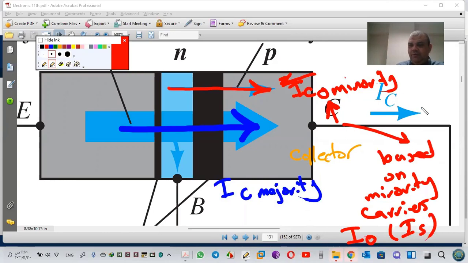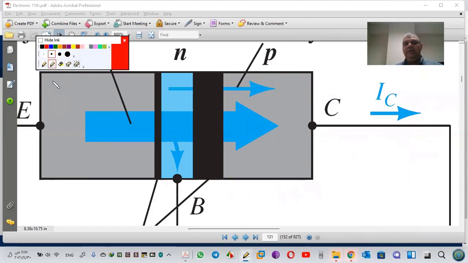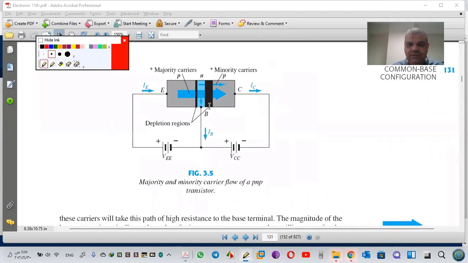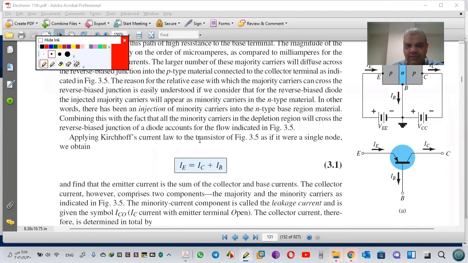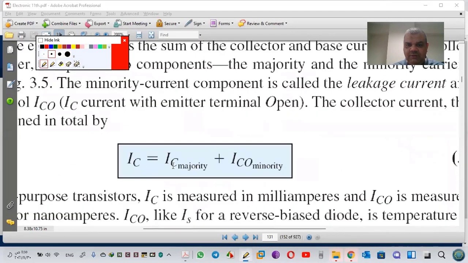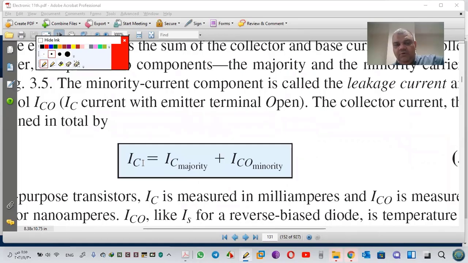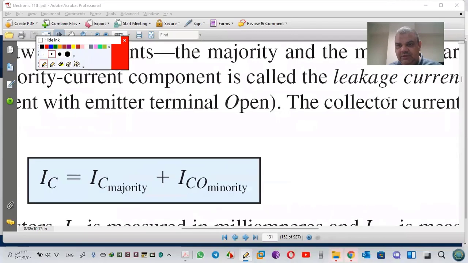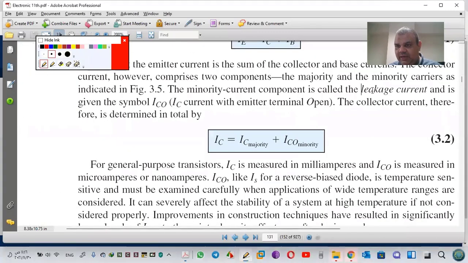If you remember the formula of the diode, ID equals IS, blah, blah, blah. So this is IS, minority carriers. So in the collector, we have two currents, one for majority and one for minority. IC equals IC majority plus ICO minority. Any question about this? This current is called leakage current.